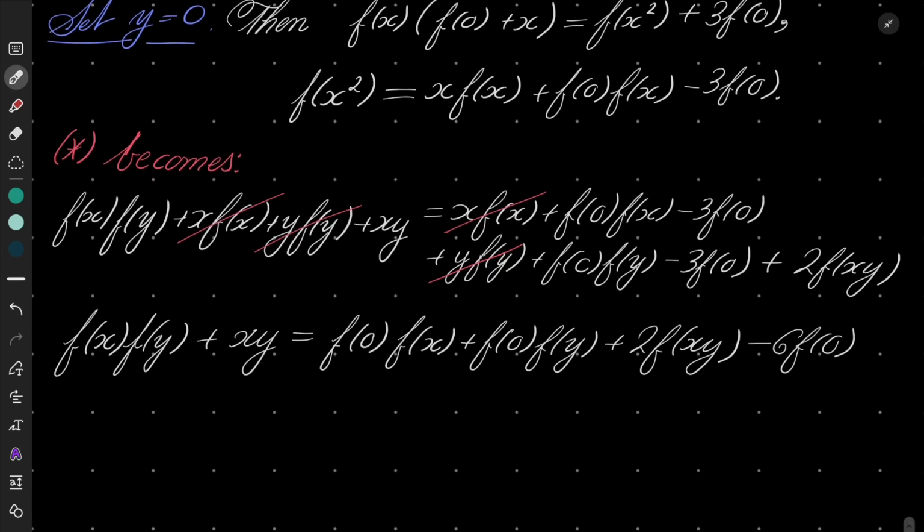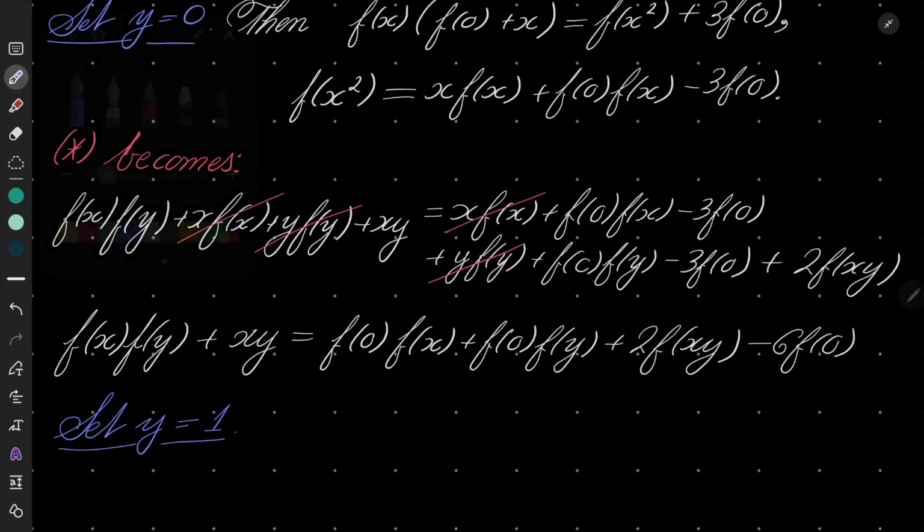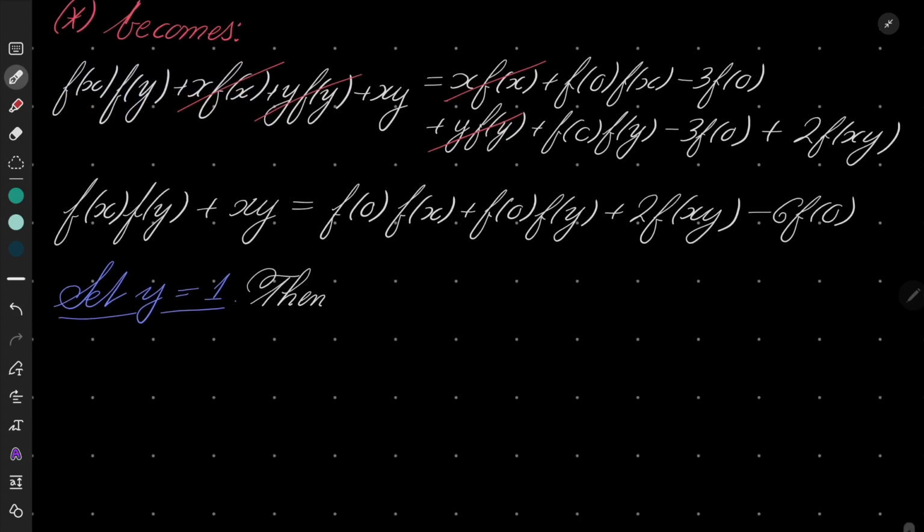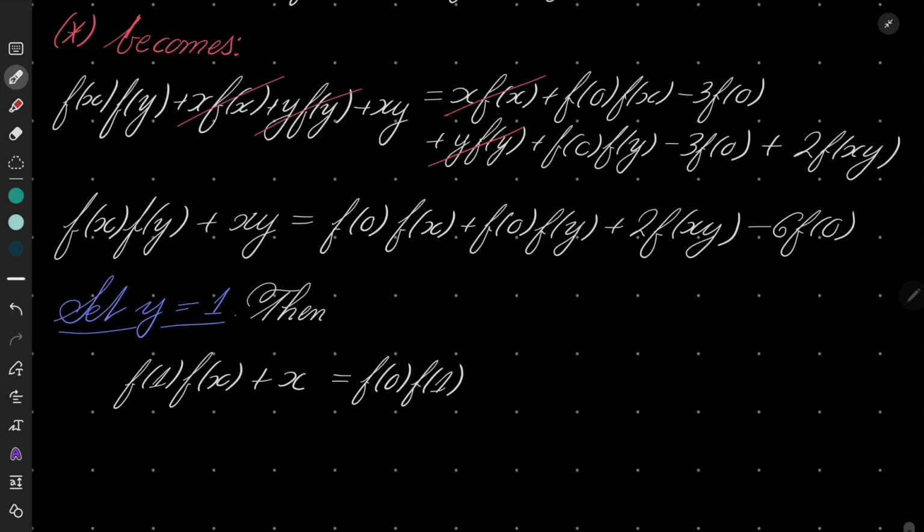And now let's set y to be 1. What happens then? Then we get the following: f(1) times f(x) plus x equals f(0) times f(x) plus f(0) times f(1) plus 2 times f(x) minus 6 times f(0).